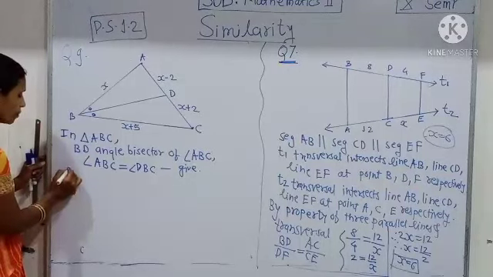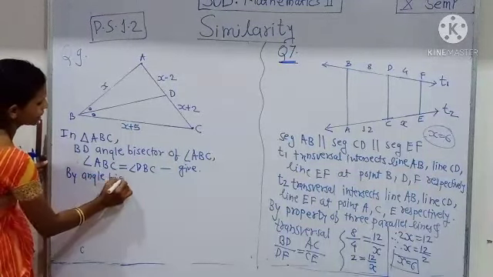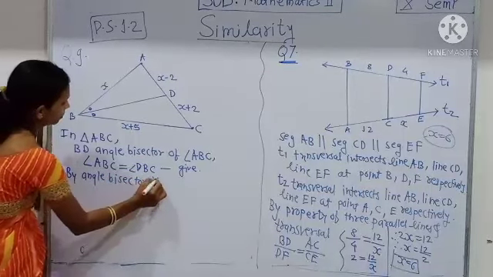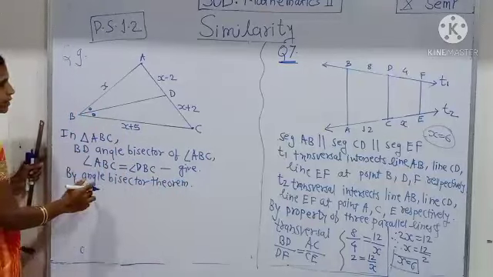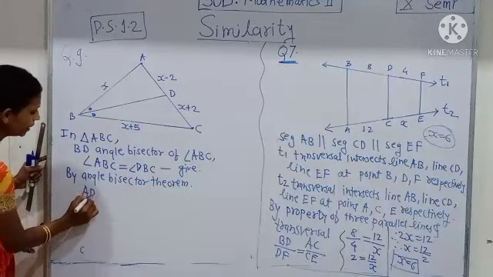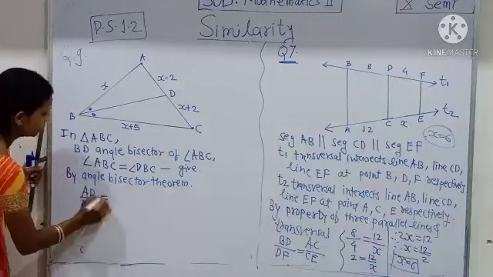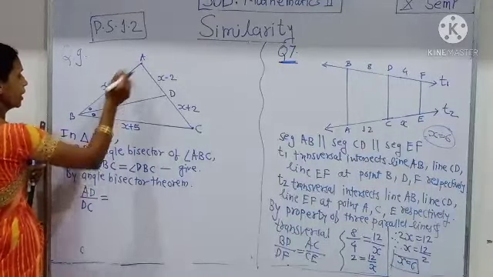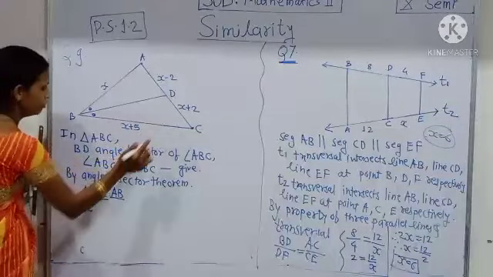According to or by angle bisector theorem, we have to write, that is AD upon DC is equals to AB upon BC.